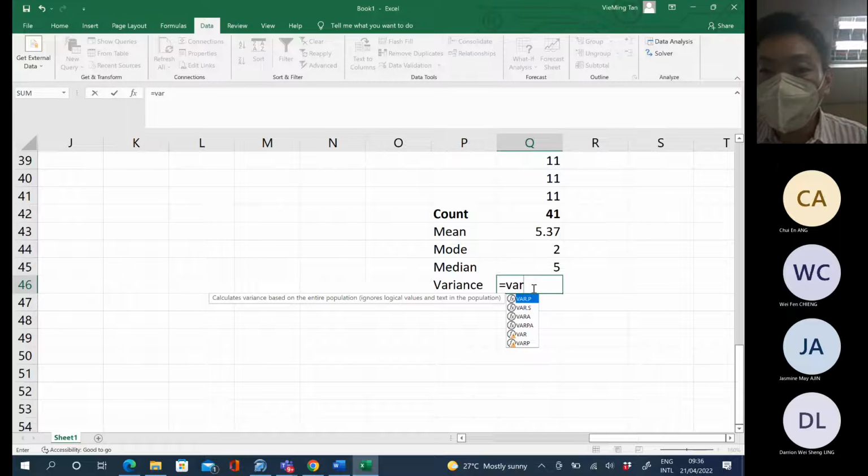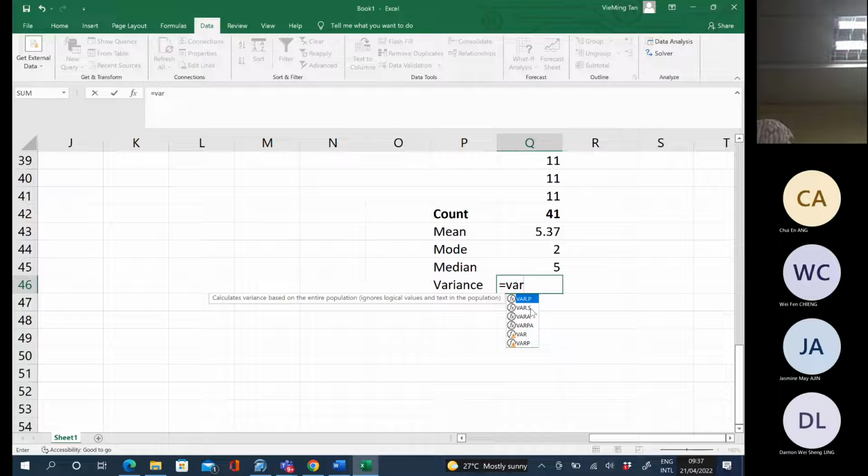What's the meaning of P here? P stands for population. If your data are collected from these 3,500 students, then you can use this formula, population. But if you only select a few samples for measuring the variance, then we should not use this formula. How about the second one? You've got VAR.S.